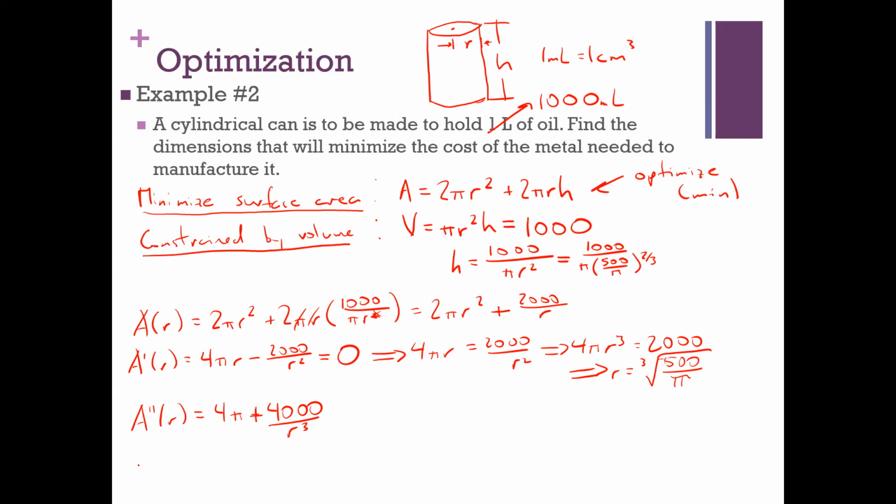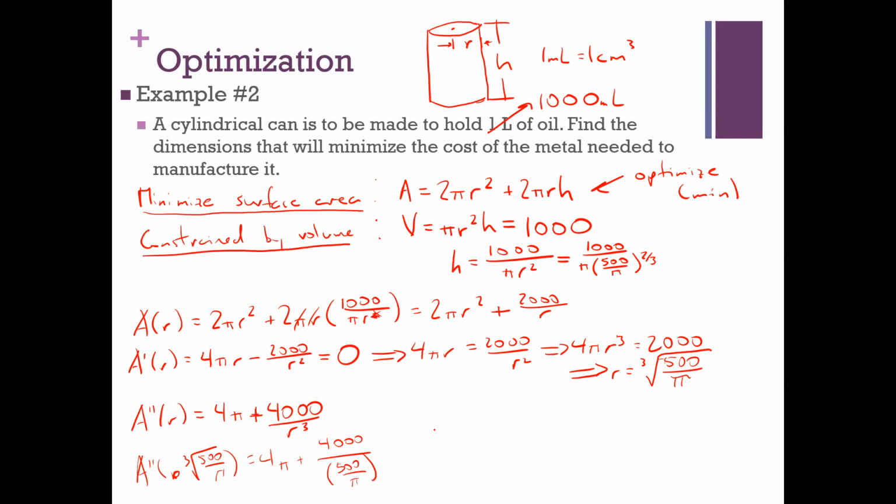Now that I'm realizing what form our r value is in, let's stick with it. So A double prime of the cube root of 500 over pi is going to be equal to 4 pi plus 4,000 over 500 over pi.